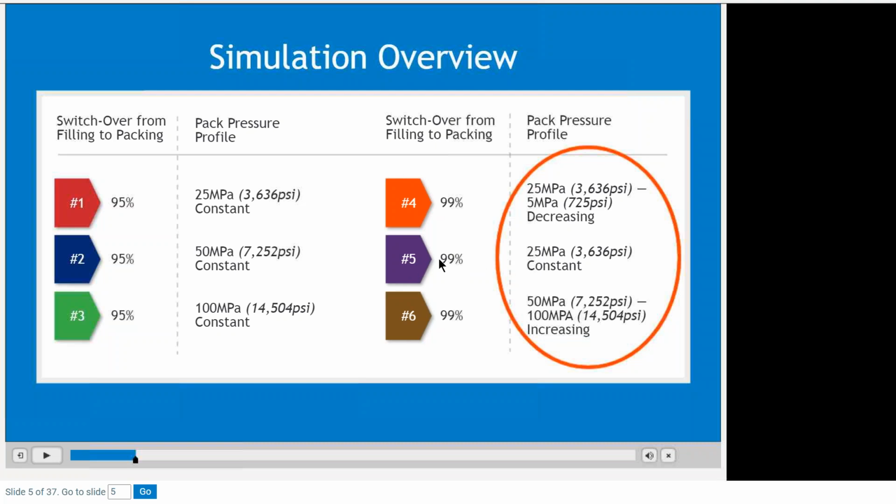So you basically can take the number 5 and compare it to the number 1, and get a good comparison of what the switchover point will do. And then the last one, we take the pressure from 50 megapascals all the way up to 100 with an increasing profile. That is a little bit different. Okay, let's go.